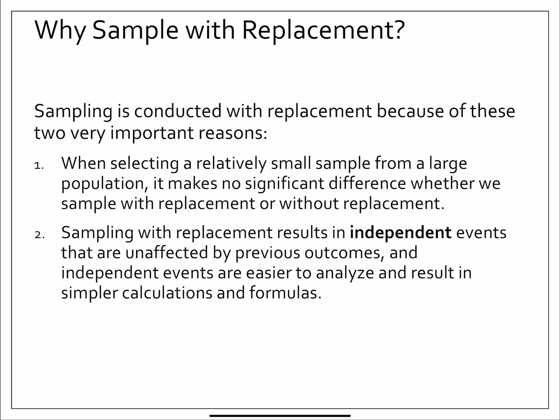The person who picks last, if no one else has picked an ace, has a larger chance of picking the ace. Why? Because the first person is picking out of how many cards? 52 cards. The second person is picking out of how many cards? 51 cards, if we don't sample with replacement. The third person only picks out of 50. The fourth person out of 49, so on and so forth, right?